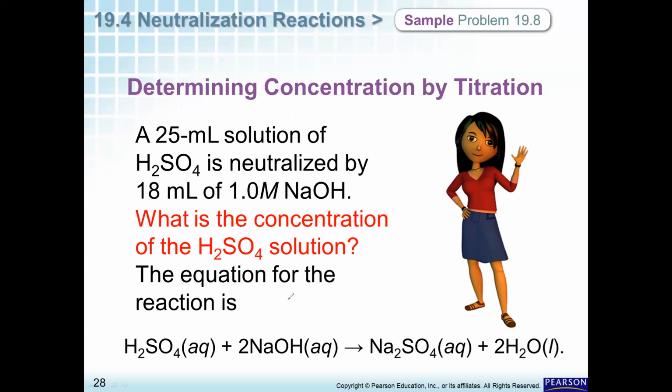In any titration, basically you have one solution with known concentration, which is 1 molar, and a known volume, which is 25 milliliters. Then I start adding sodium hydroxide to it. When I reach the change in the color, the number of milliliters of sodium hydroxide that was used is equal to 18 milliliters.